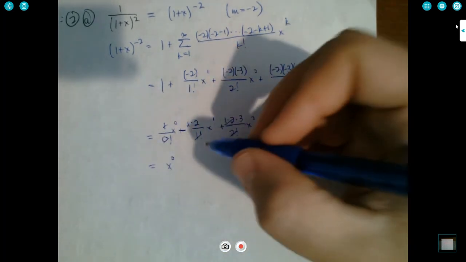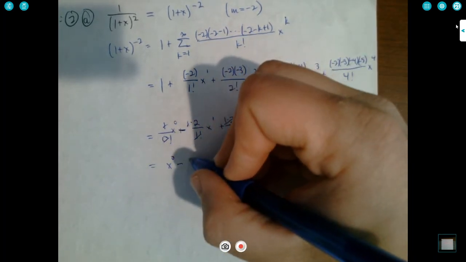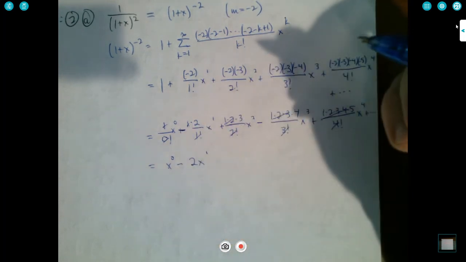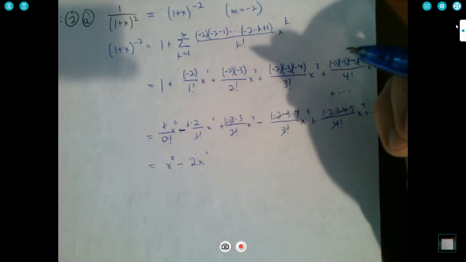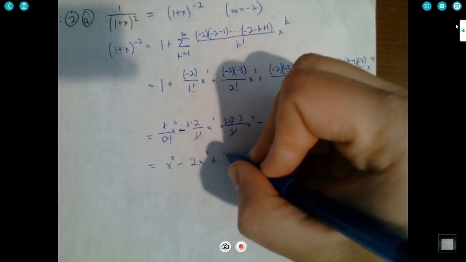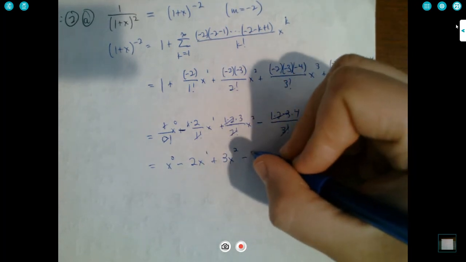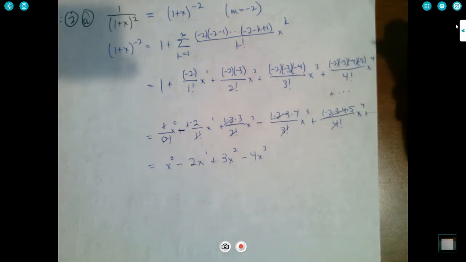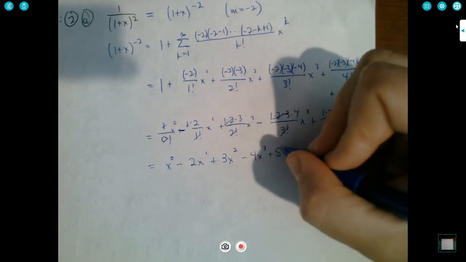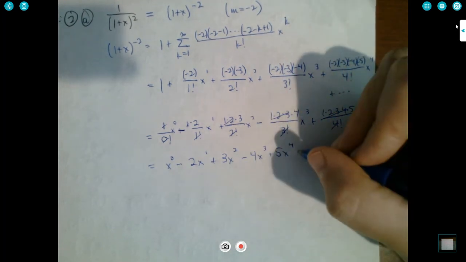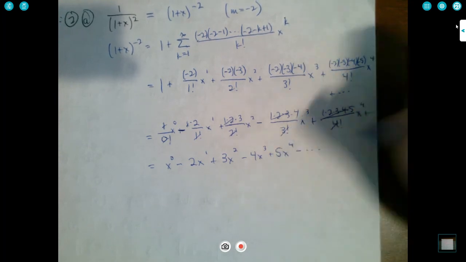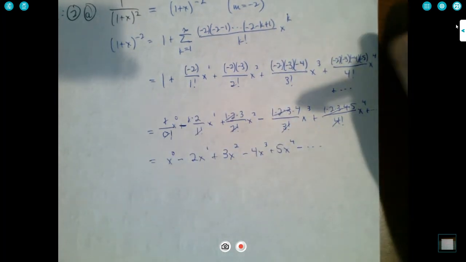x naught, minus 2x to the first, plus 3x squared, minus 4x cubed, plus 5x to the 4th. And then I guess the next one would be a minus.